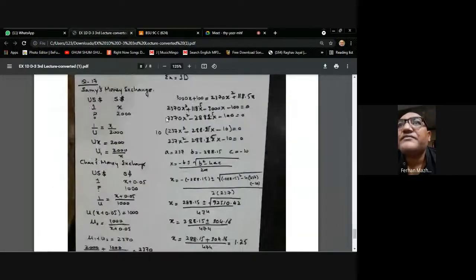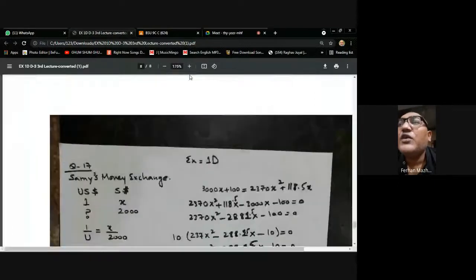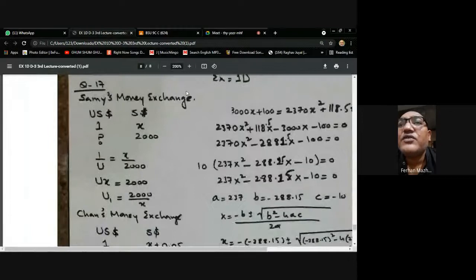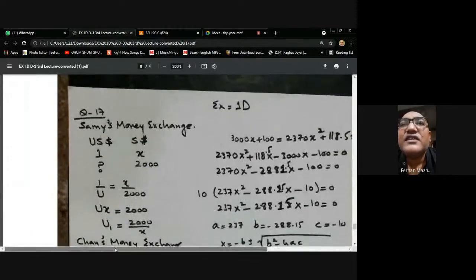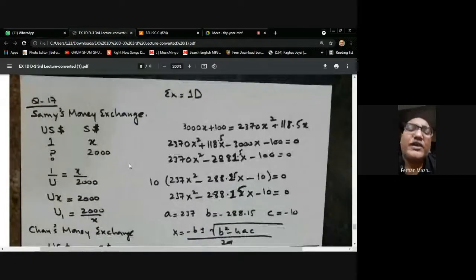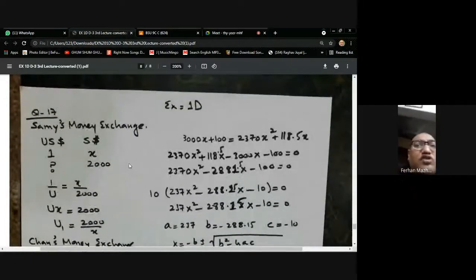Try to understand. This is in chapter 5 of D3, if you have not yet studied it. Here it's showing up on your screen: Sammy's money exchange, US dollar and Singapore dollar. 1 US dollar is equal to X Singapore dollars. She converted 2,000 Singapore dollars into US dollars.